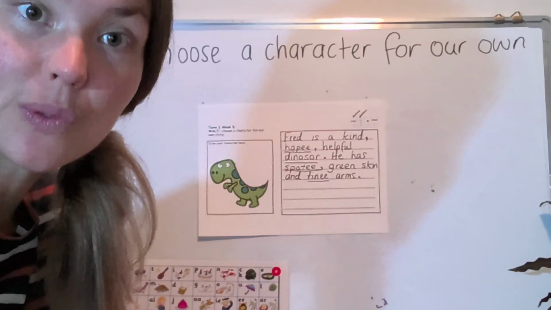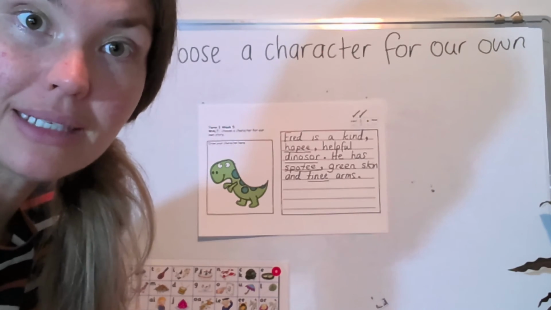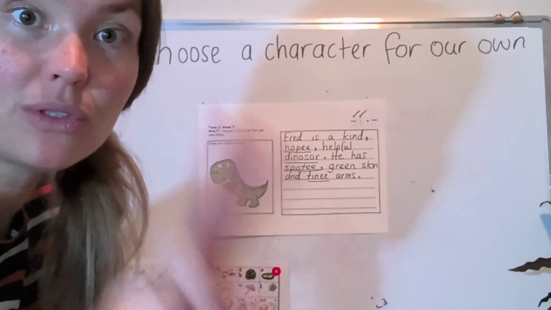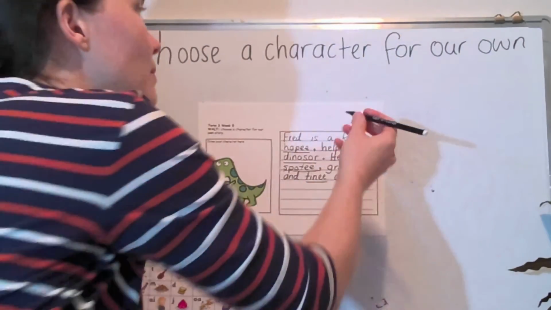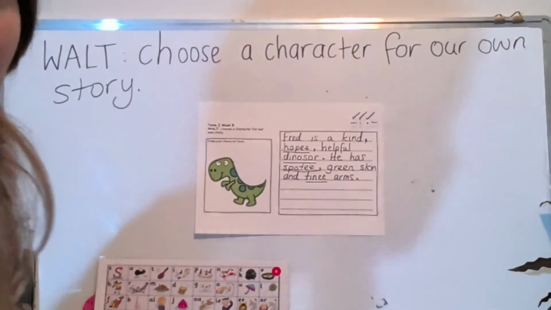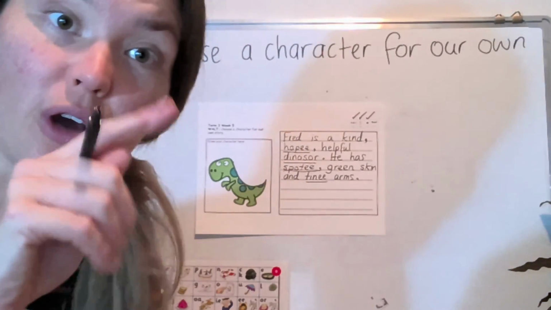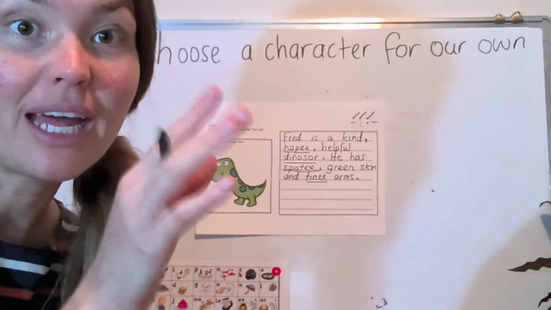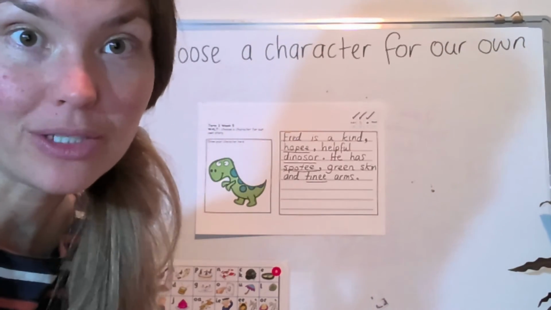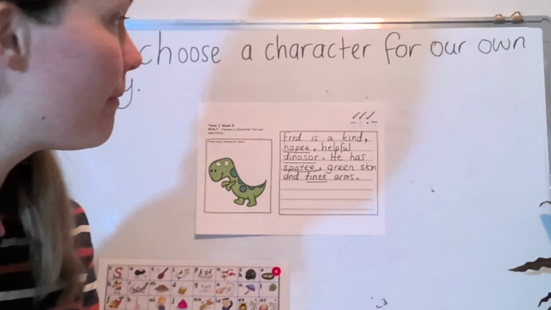Have I used a full stop at the end of each sentence? I have actually used two full stops. 1, 2. I have challenged myself to use commas as well, but that's not in my rule kit. That's an extra punctuation that I've challenged myself with.